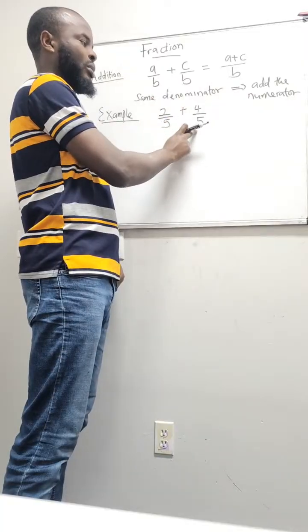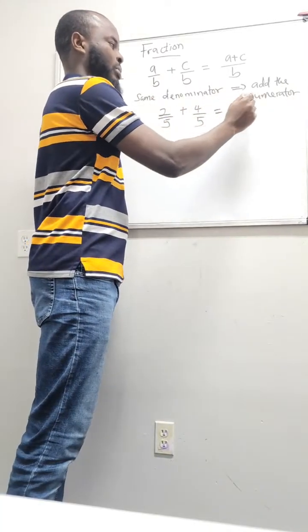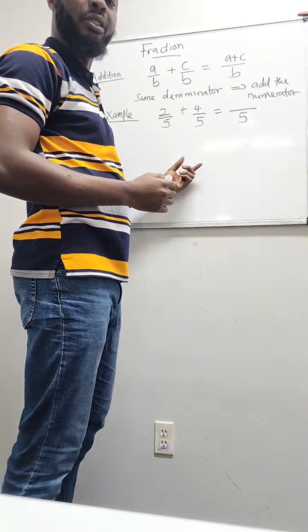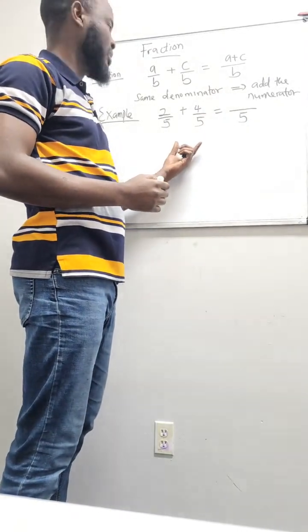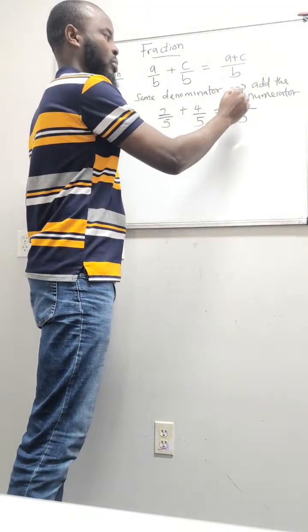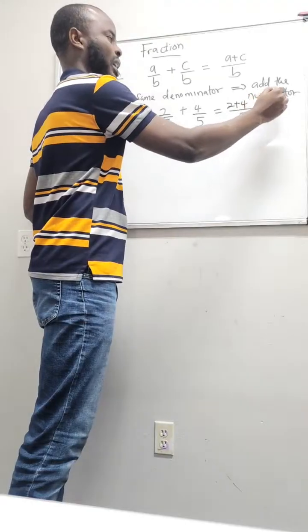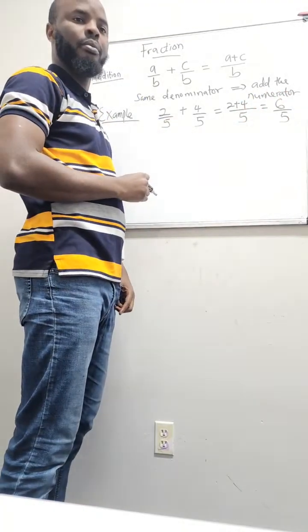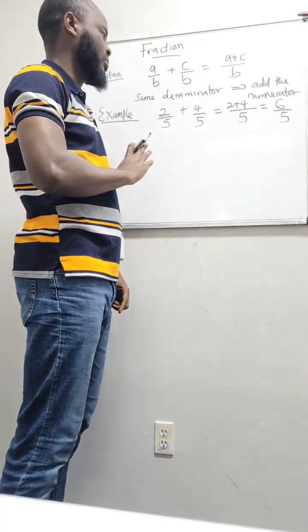So you just rewrite the denominator, and add up the numerators together, which is 2 plus 4. Here we have 6 over 5. So this is the general rule.